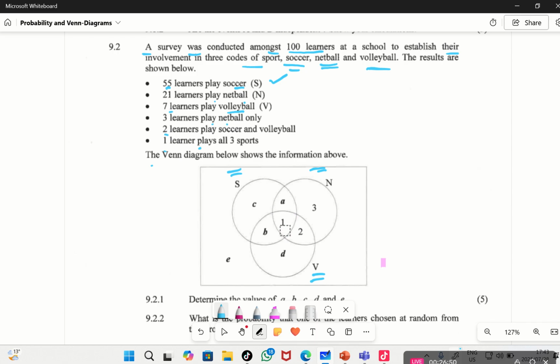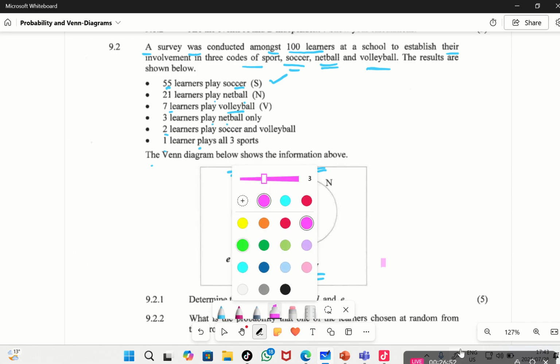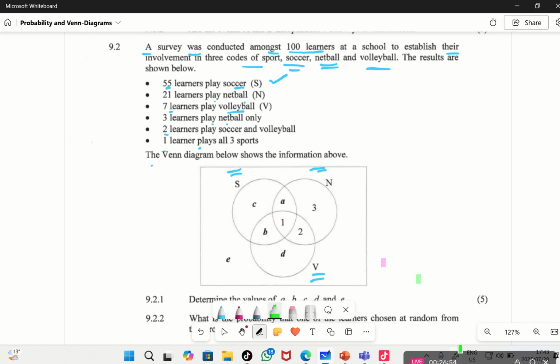Okay, now this region talks about the number of learners who play both soccer and netball at the same time. Do you guys see this region? So the number of learners playing soccer and netball at the same time is A plus 1. Are we happy?